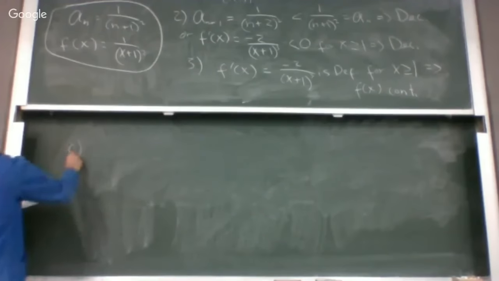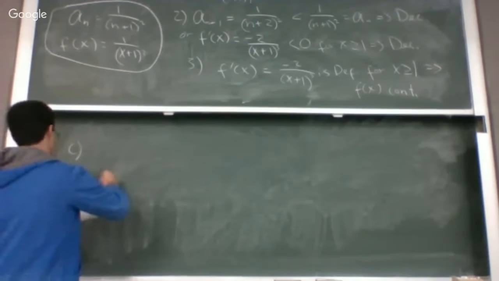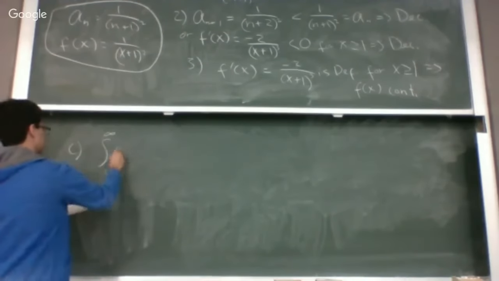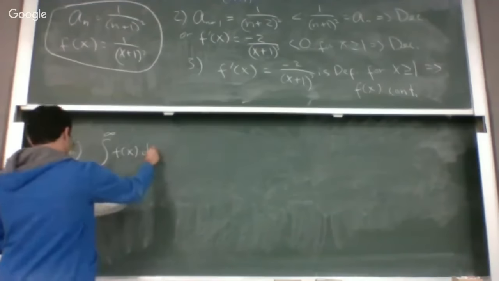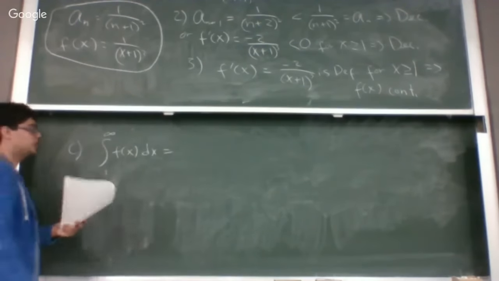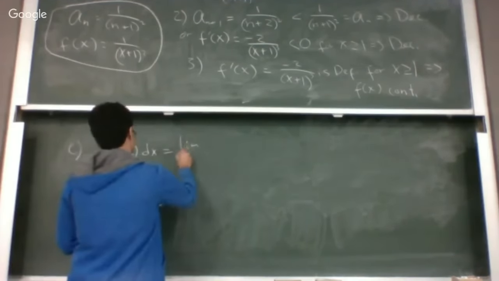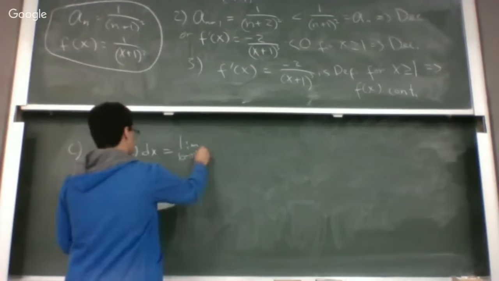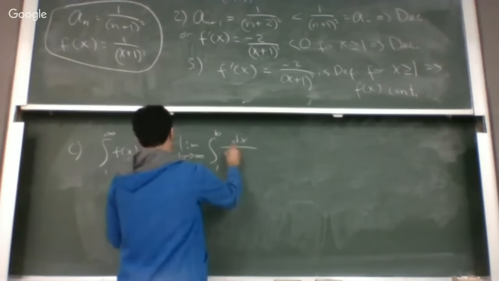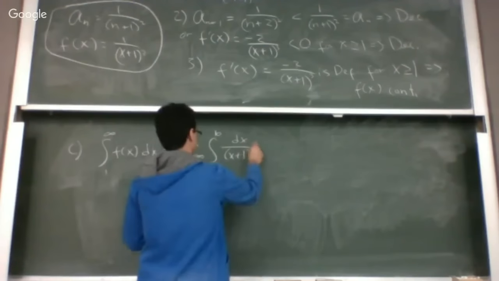So then the integral test is to prove that it converges. We do the integral from 1 to infinity of f of x dx. Since it's an improper integral, since we're going to infinity, we do always need to show the limit as b approaches infinity of the integral from 1 to b of dx over x plus 1 quantity squared.